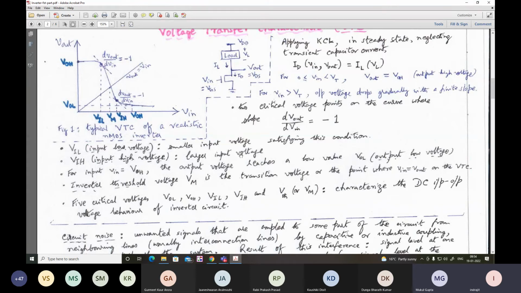Determining the value of W/L means we are taking into account a design problem. And if the W/L is given, based on that we try to calculate the values of VIH, VOL, and VIL, and correspondingly the noise margin. That will be an analysis problem. So we'll have occasion to discuss the analysis problems firstly at the beginning, and then we'll take up some design problems.